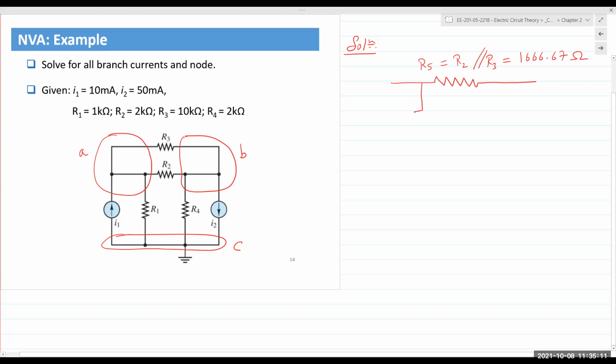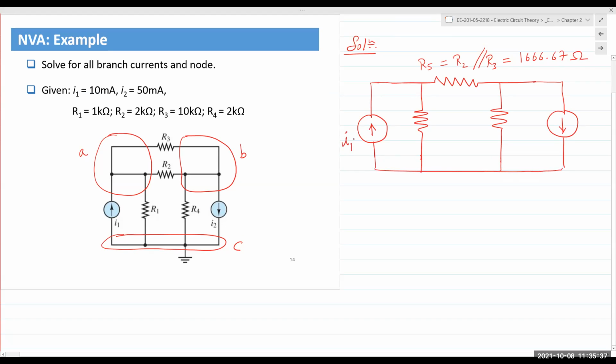Then I have a resistor coming down here. I have another resistor coming down here. I have a current source. And this is I1, I2, R1, R4.